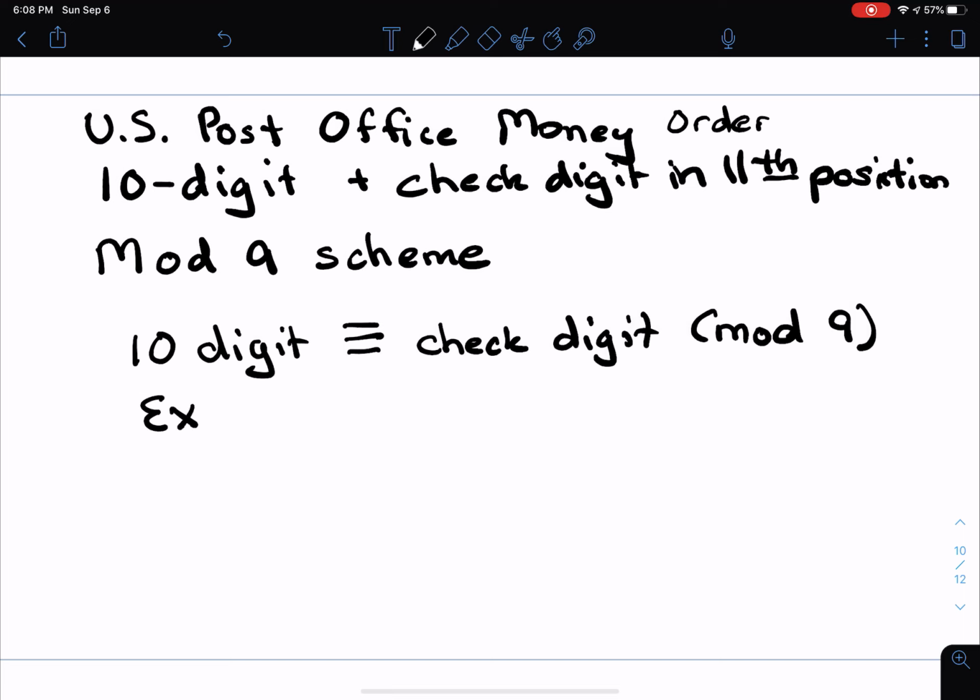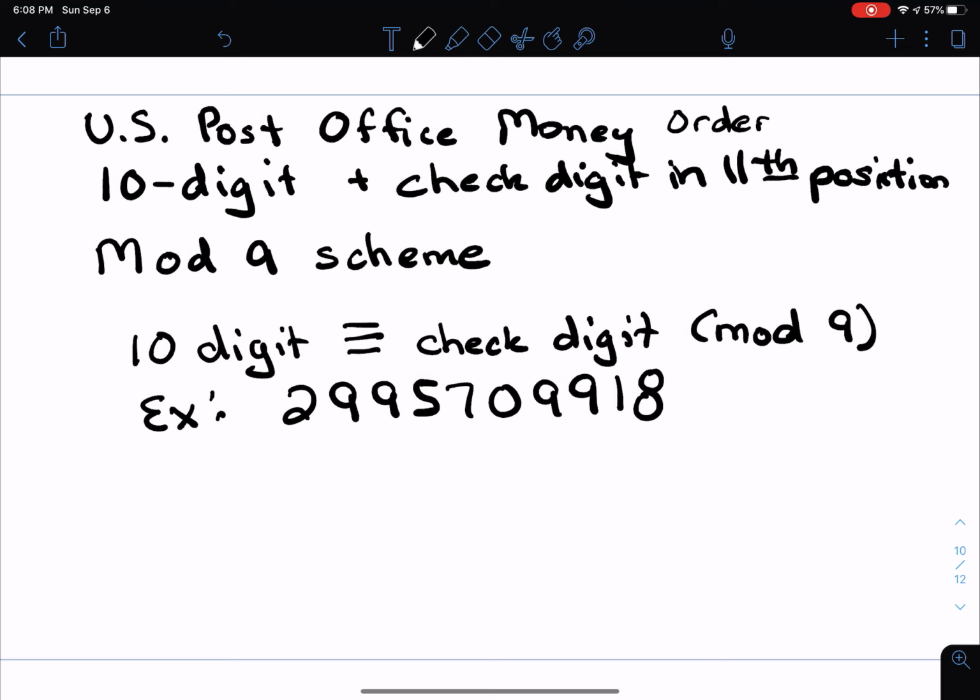So let's say that we have a money order with 2995709918. Okay, so 1, 2, 3, 4, 5, 6, 7, 8, 9. Here's the 10 digits. And what is the check digit?